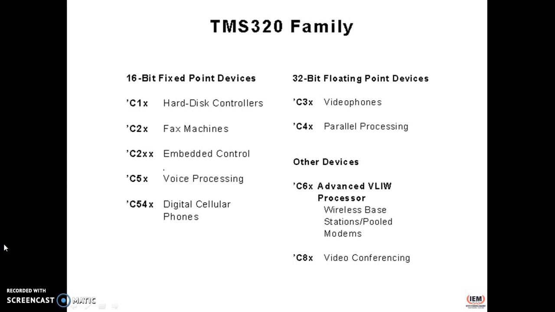Now we move in detail to the 16-bit processors, which I already mentioned earlier, that is C1, C2, C5, C54. The width of the data bus on those devices is 16-bit.